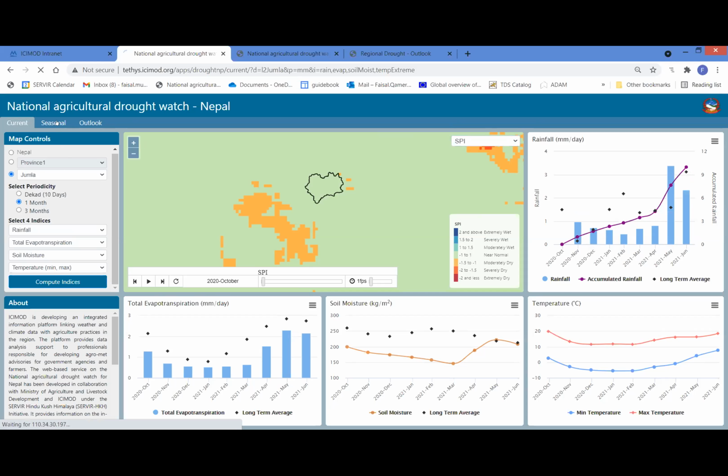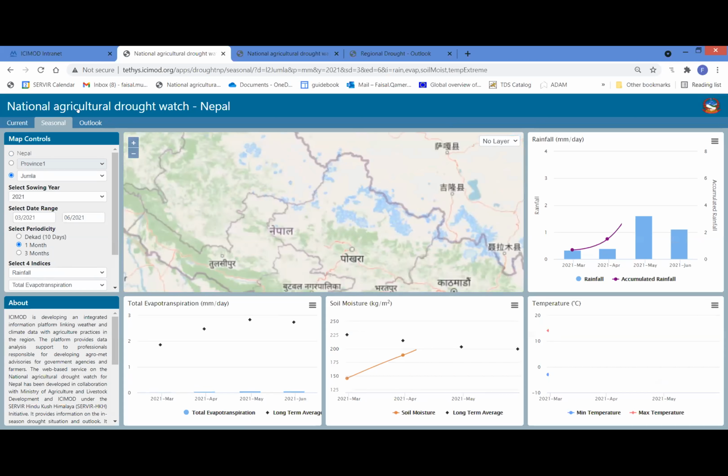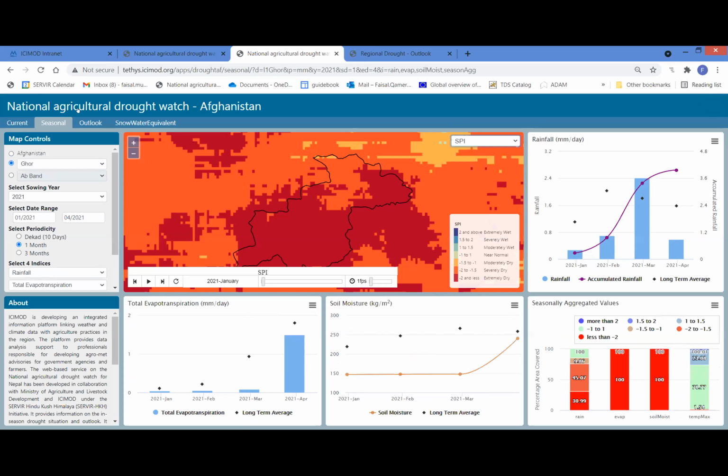Another thing we can do, taking this example from Afghanistan, is a seasonal aggregation. It is not just every 10 days; you can make a composite of 1 month, 2 months, 4 months, 6 months.